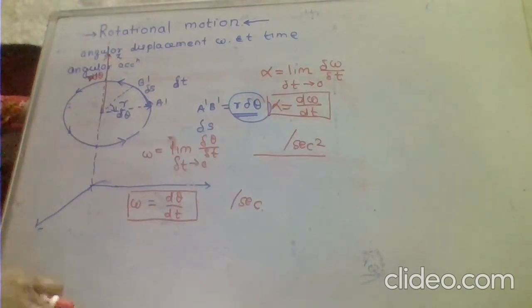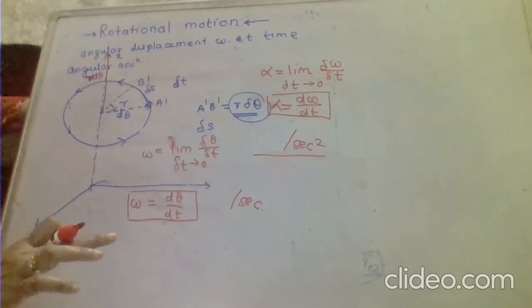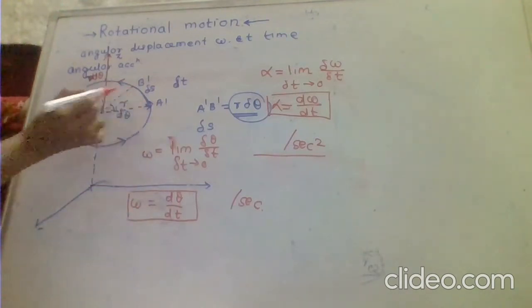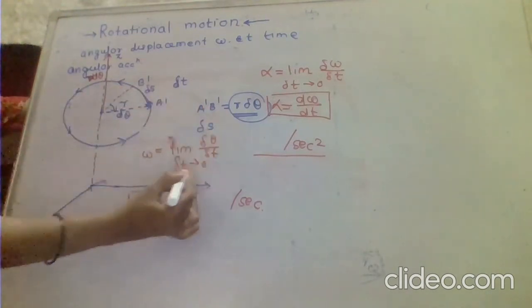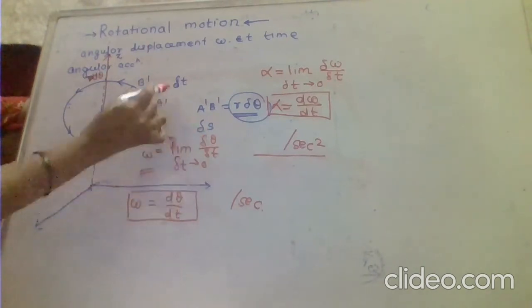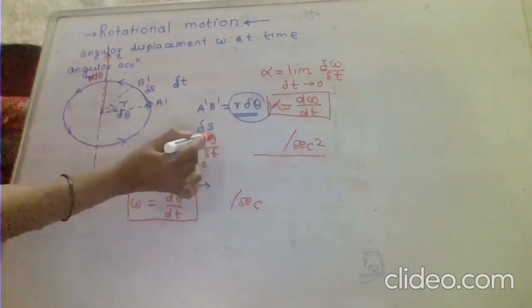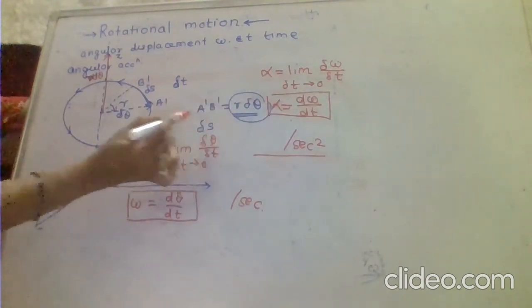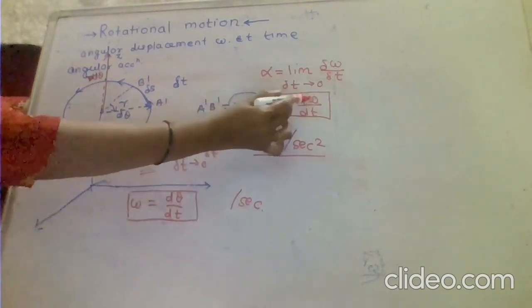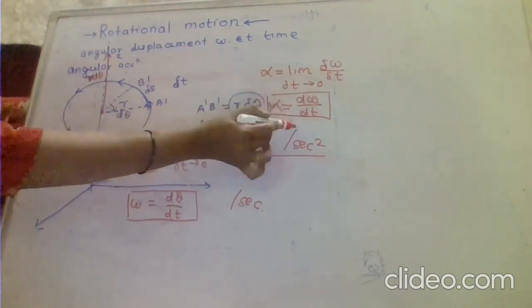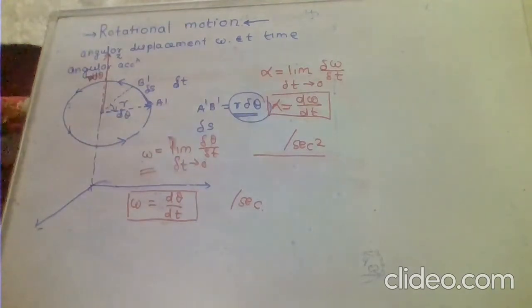Angular displacement, angular velocity, angular acceleration, all these are vector quantities. I told you what angular displacement is. Angular velocity omega is the rate of change of angular displacement, and the rate of change of angular velocity means angular acceleration.